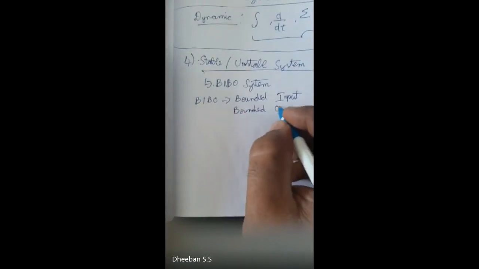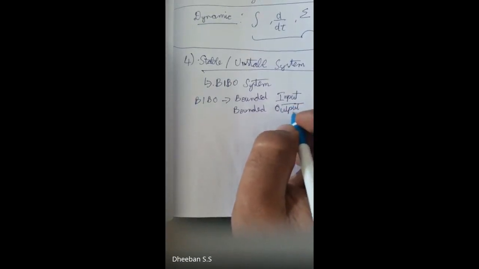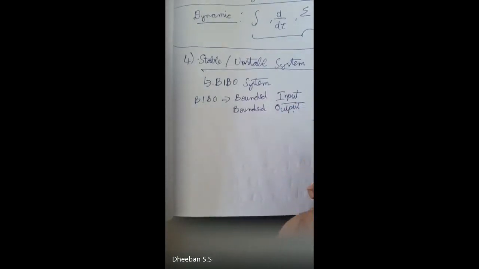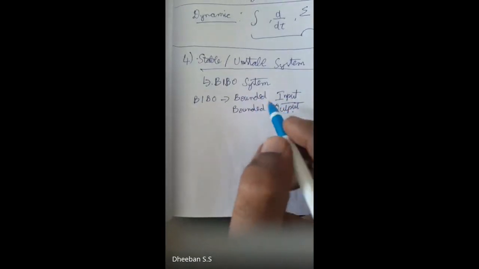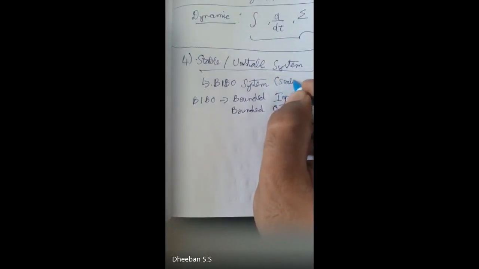So this is what your system will be like. If it is bounded input, bounded output, it is a stable system. Otherwise, it is an unstable system.